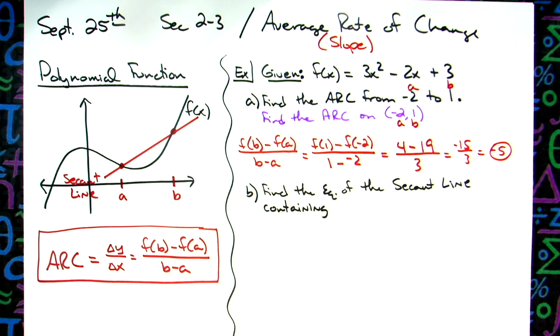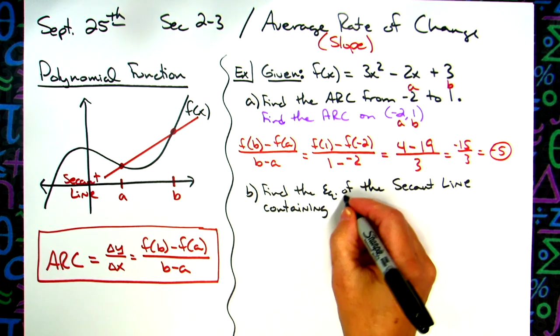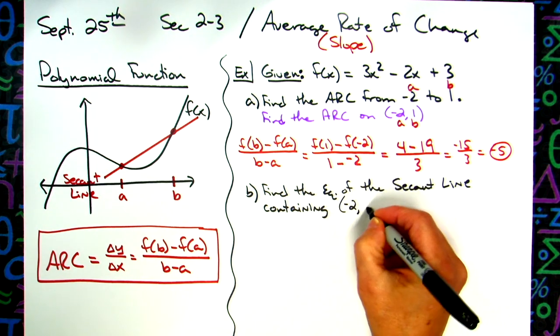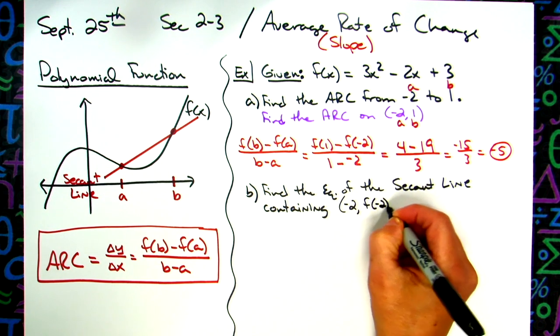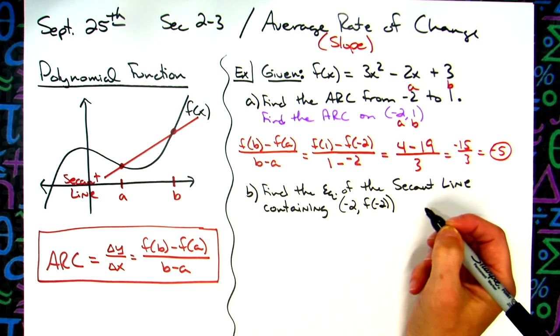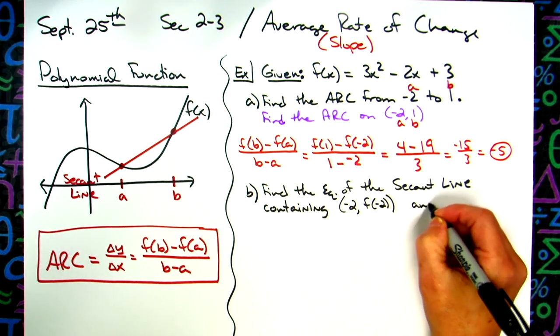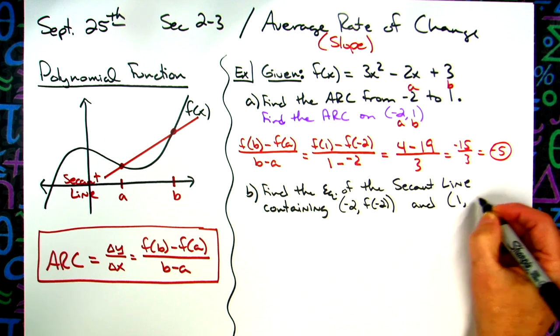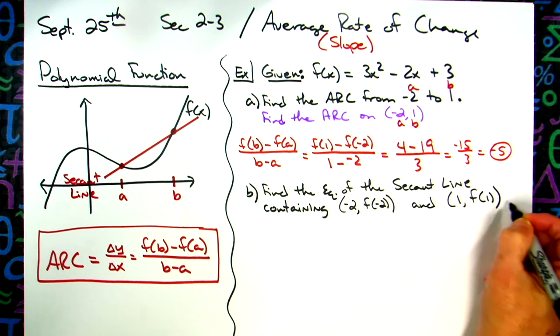They're really wanting you to get used to this function notation. So they're going to do something like negative 2, f of negative 2 as a point. And then as the other point, they're going to do 1, f of 1.